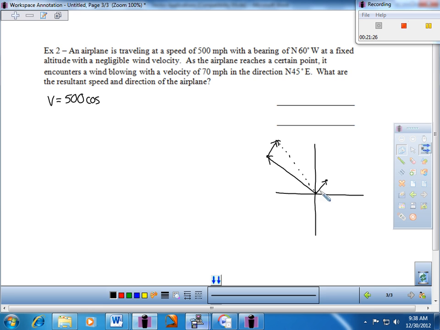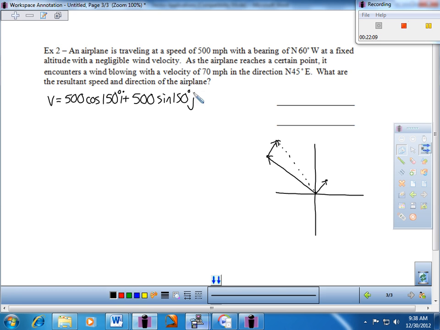So when I see 60 degrees west of north, what I'm really seeing is a theta of 150. So please just be careful on that piece. Obviously, if you get the theta wrong, then everything else is going to be for naught because you won't get it right. So let me put the i right in there. So 500 cosine of 150 degrees i, and then 500 sine 150 degrees j.